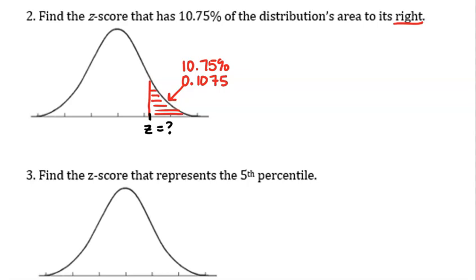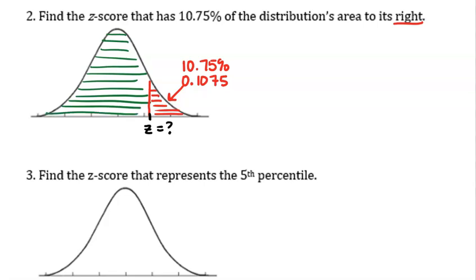We have already seen the first example worked out using the standard normal distribution table. This example could also be worked out that way, but the problem is that the standard normal distribution table only shows us left area. So we would have to be looking for whatever this green area is off to the left.